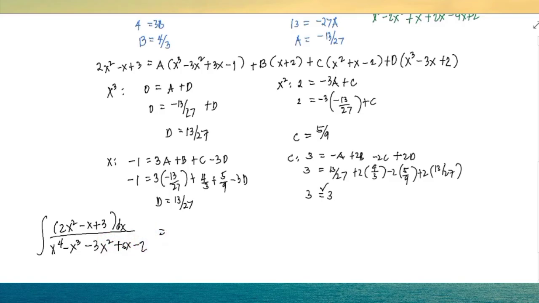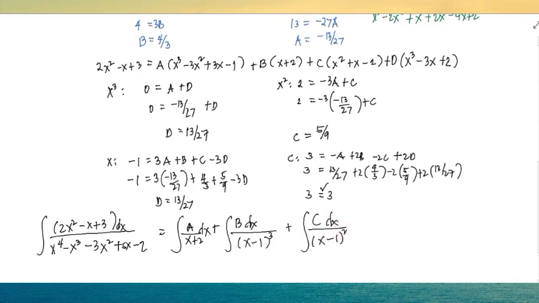So this is equal to the integral of a dx over x plus 2, plus the integral of b dx over x minus 1 cube, plus the integral of c dx over x minus 1 square, plus the integral of d dx over x minus 1.